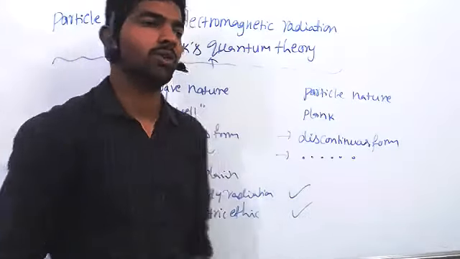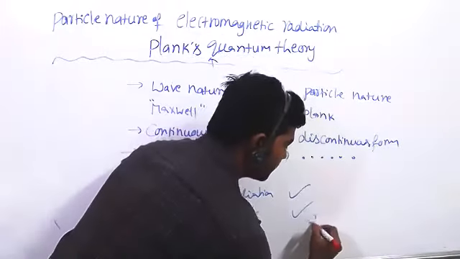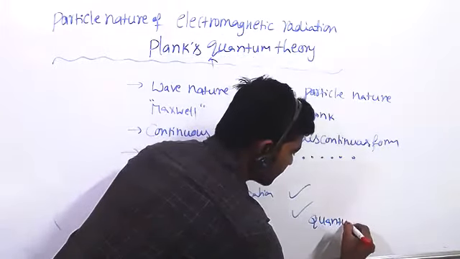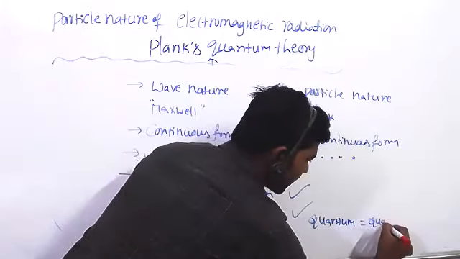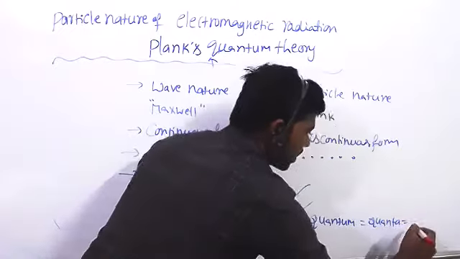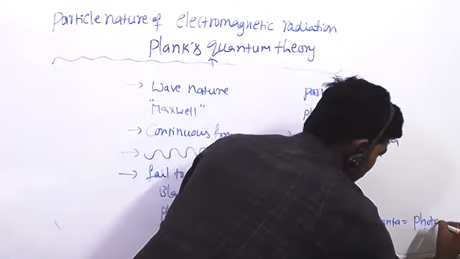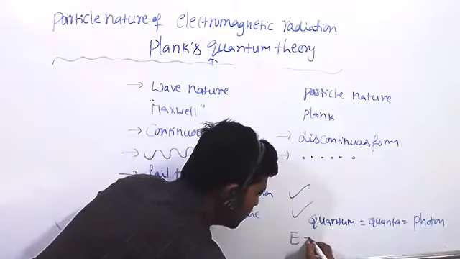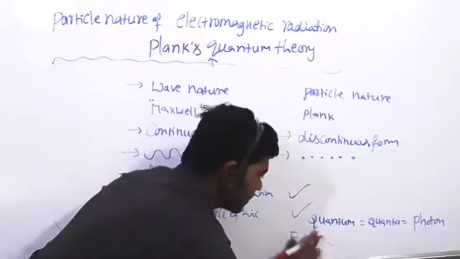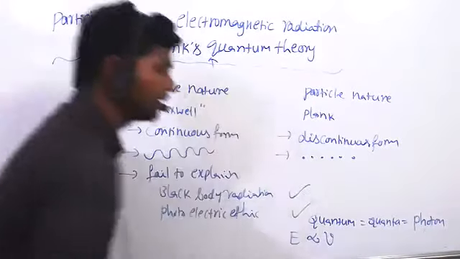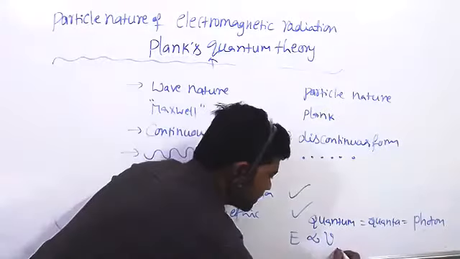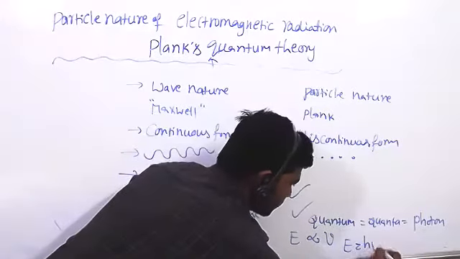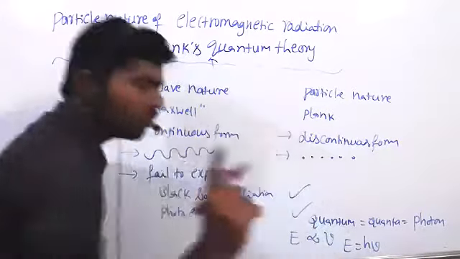That packet of energy we call a quantum, or quanta, or photon. This has some energy, and that energy is directly proportional to frequency, nu. Now you can write E is equal to h nu. So this is the energy of only one photon.